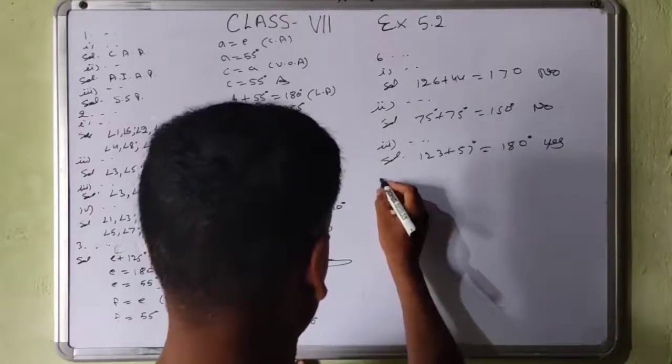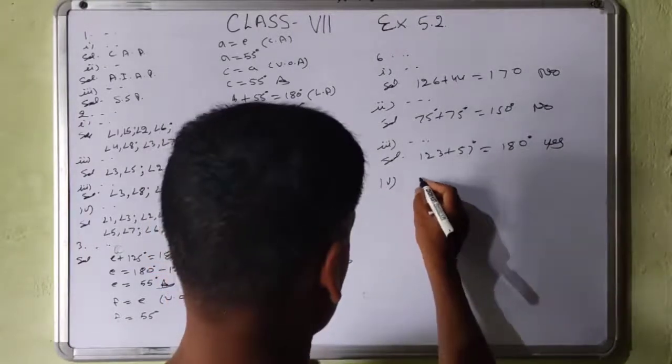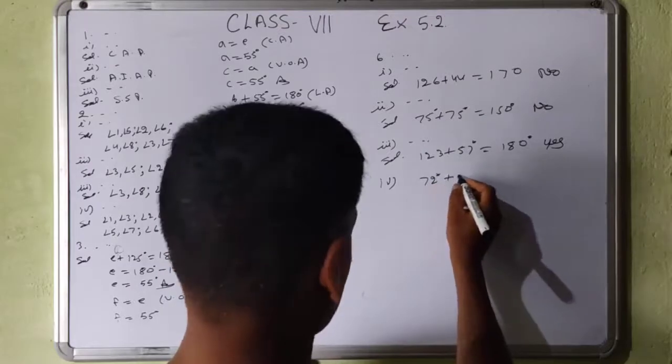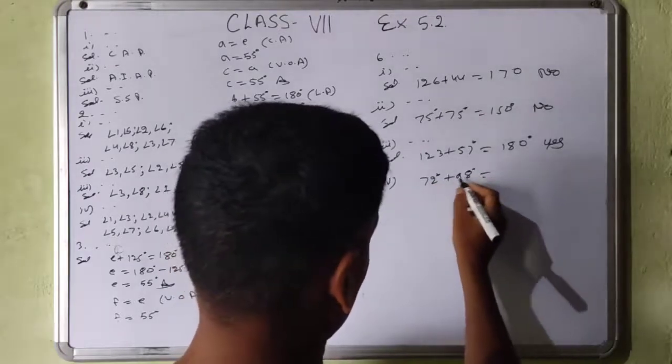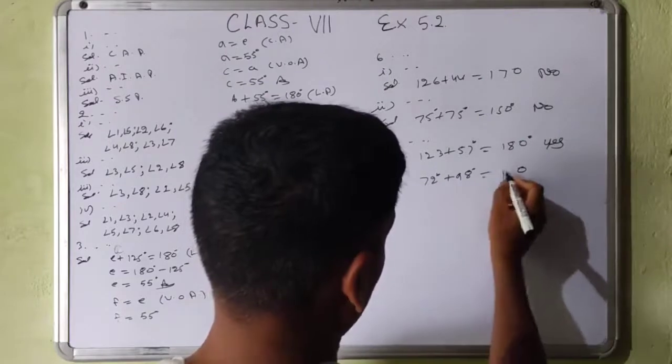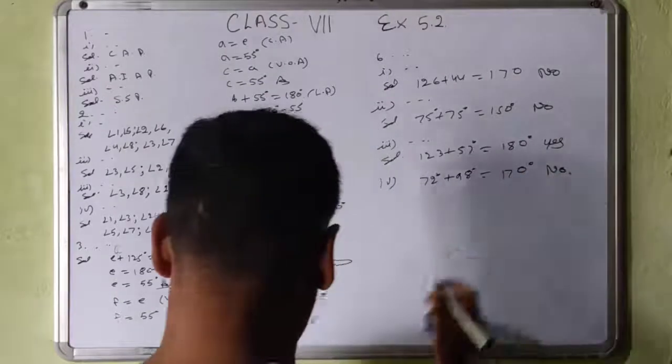And then the fourth part, last: 72 plus 98 is equal to 170 degrees, that is also no. Okay.